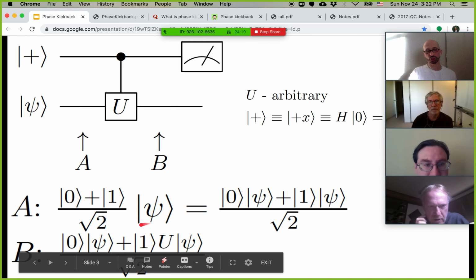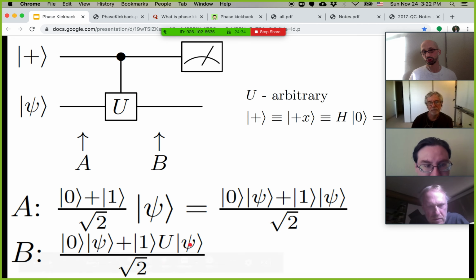So we cannot move it outside, because U applies to a vector. This U psi is essentially one new vector.